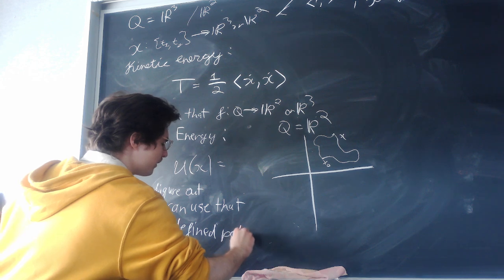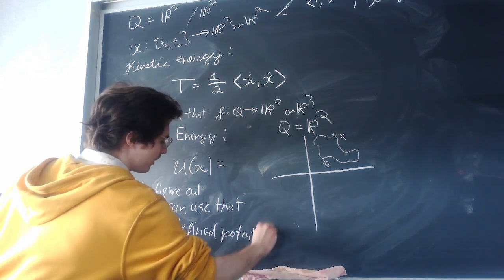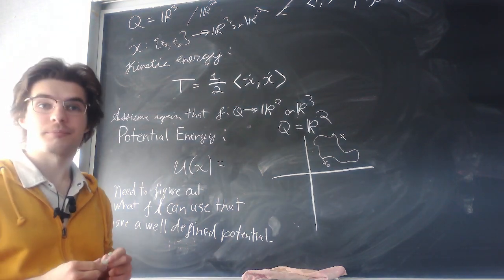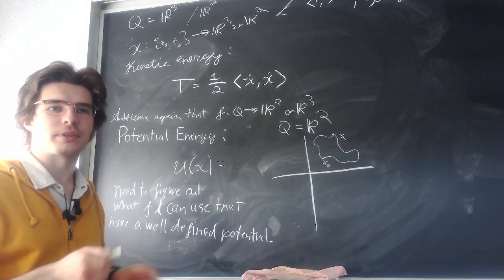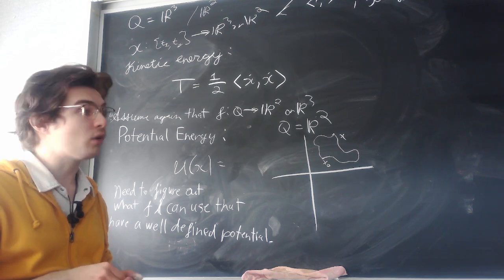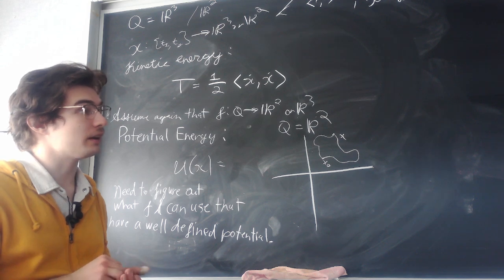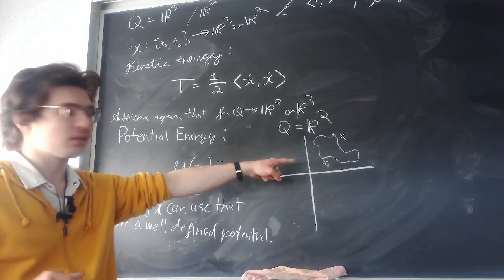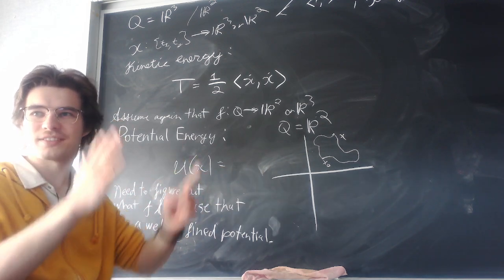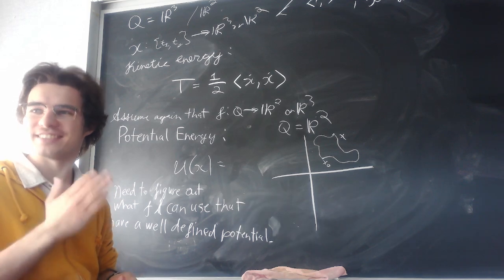But what is the first thing that I need to do even before that, which we still haven't really talked about? So what was the potential before? An integral, right? Over a path in R. But now we're taking an integral over a path in some higher dimensional space. We haven't defined what that is yet.